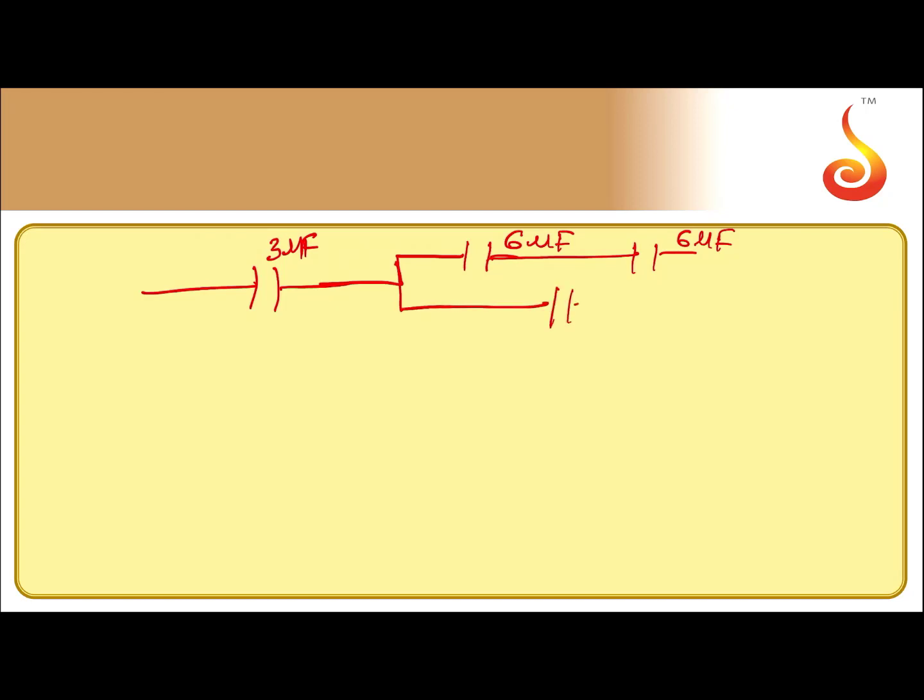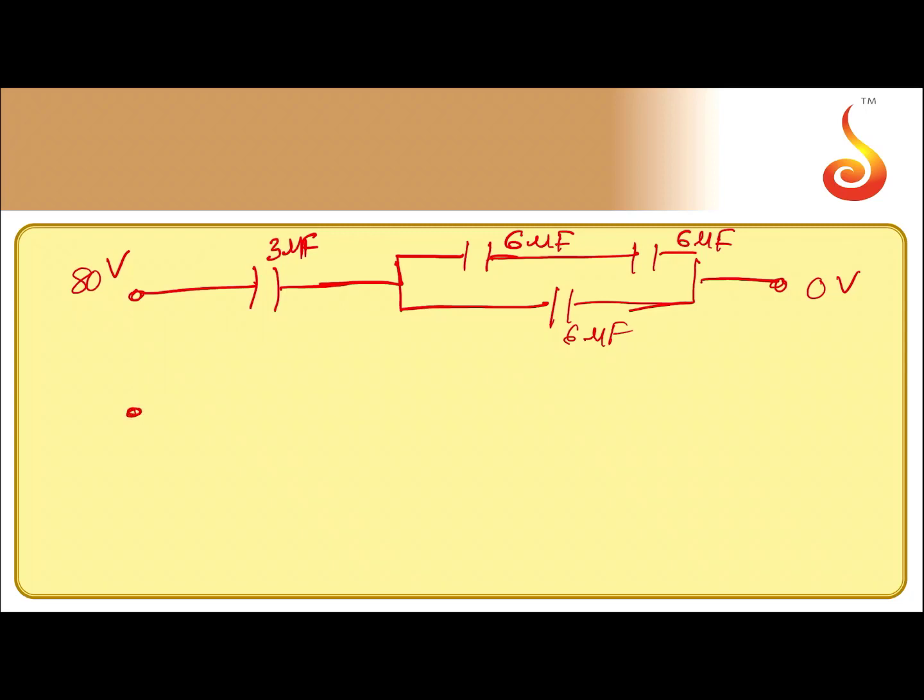So the construction can be shown here. 3 microfarad and you got 6 microfarad and another 6 microfarad connected in series, and then another 6 microfarad connected across the entire setup in parallel, and this is at 0 volts as it is connected to ground. This is given a potential of 80 volts.